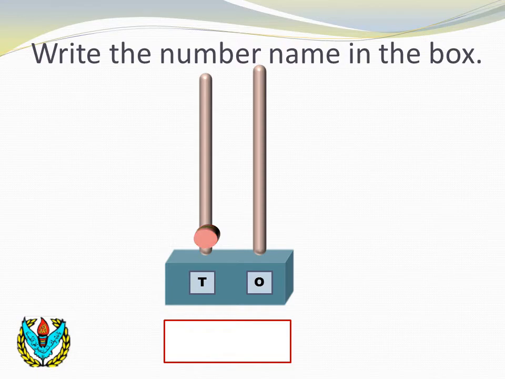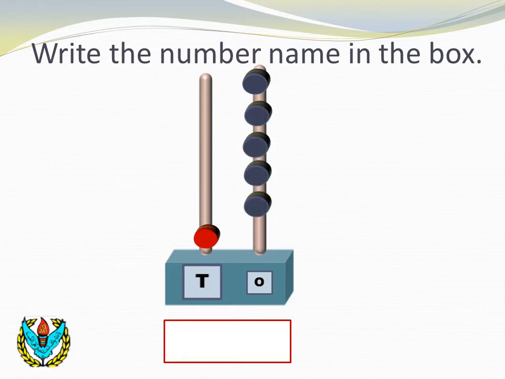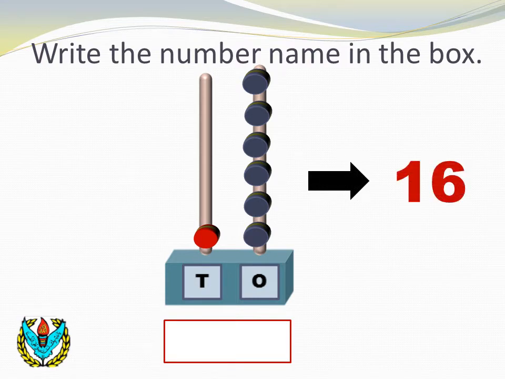In this abacus, there is one bead in the tens rod and count beads in the ones rod. 1, 2, 3, 4, 5 and 6. 1 ten and 6 ones makes the number 16. Write the spelling of 16 in this box.